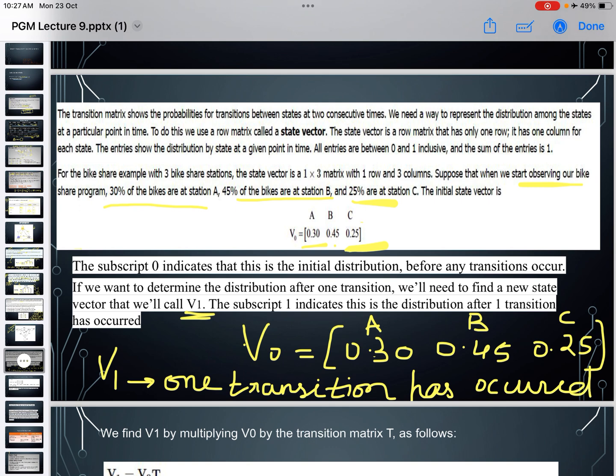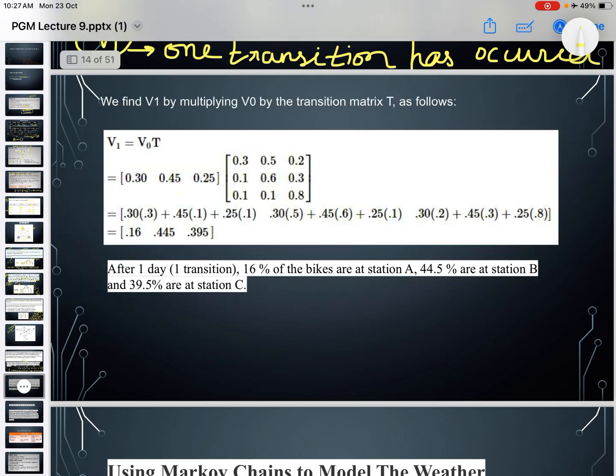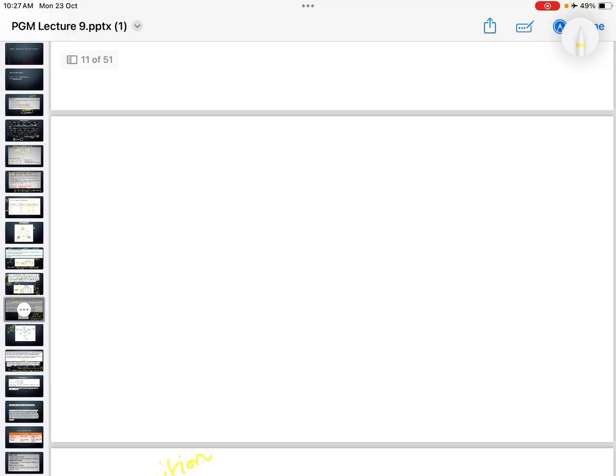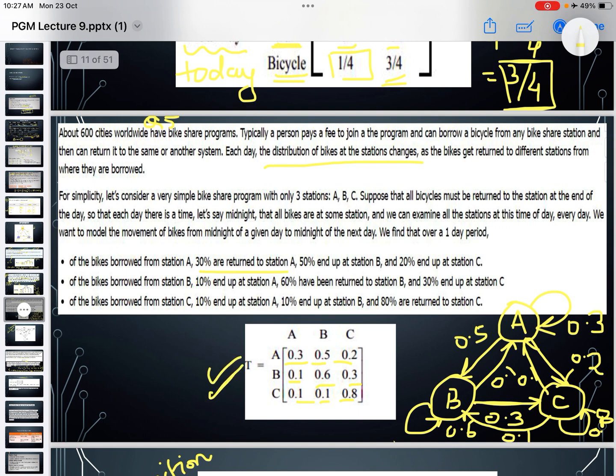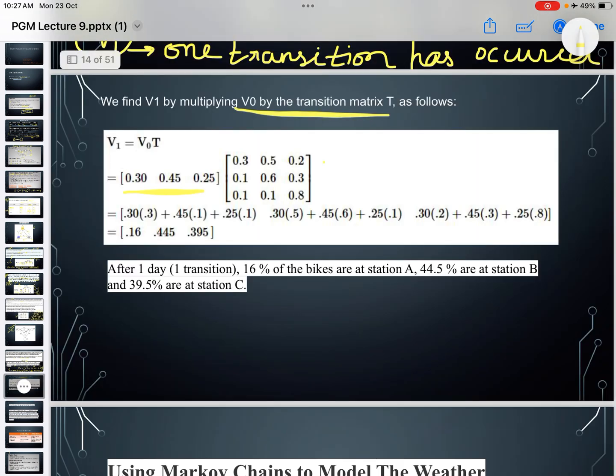We find V1 by multiplying V0 with the transition matrix T. So you have V0, and this is your transition matrix. Multiply this transition matrix with V0, and you will get V1.